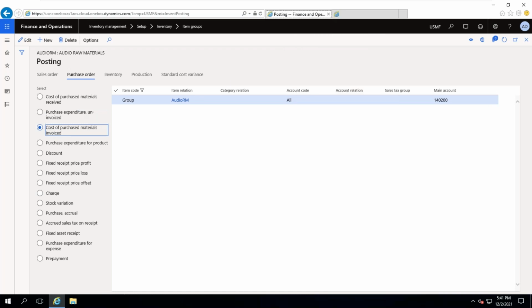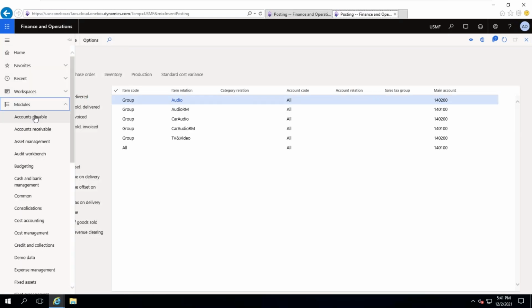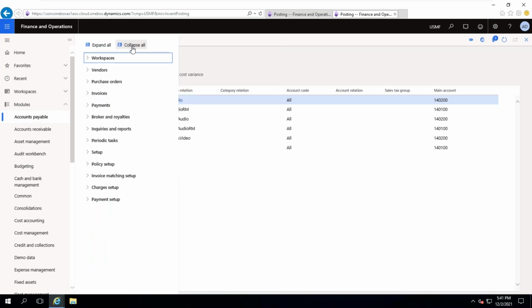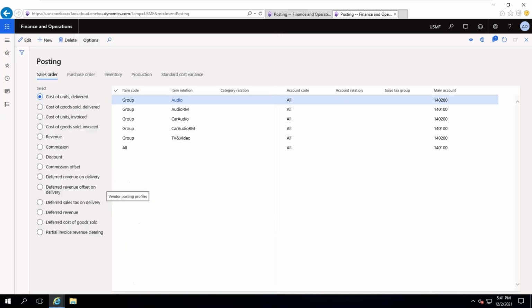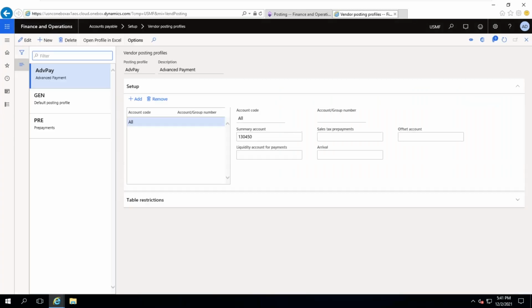That vendor account is in accounts payable, setup, vendor posting profiles. Here it will be mapped.